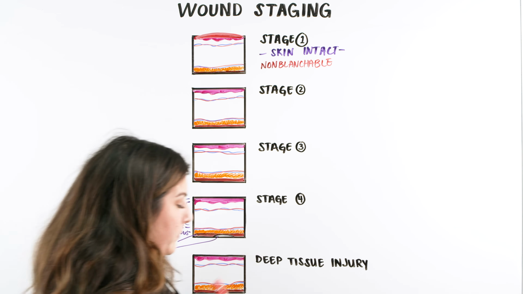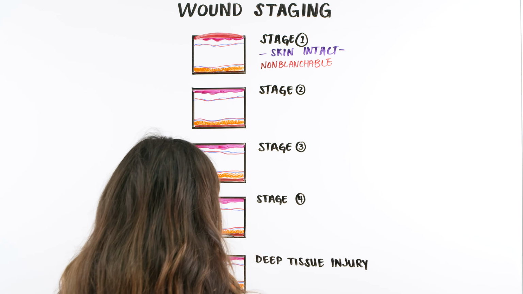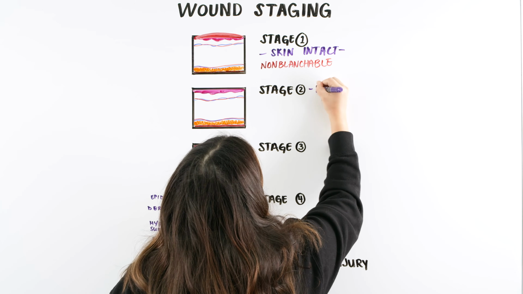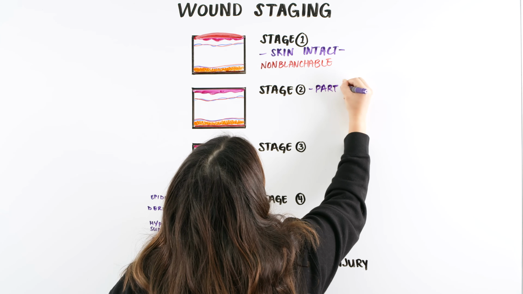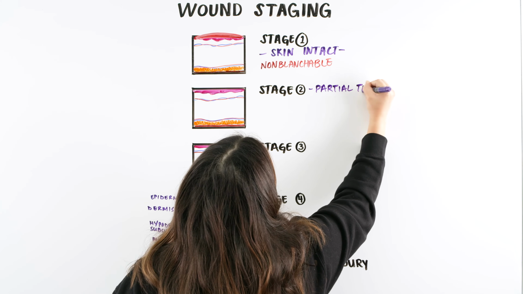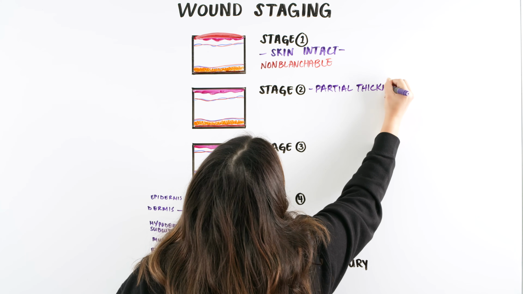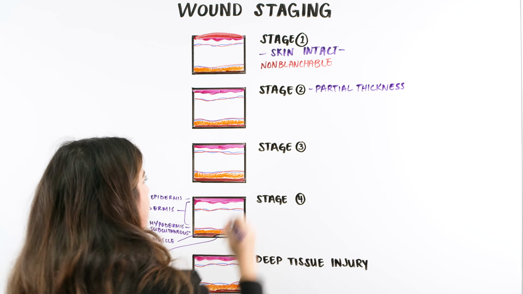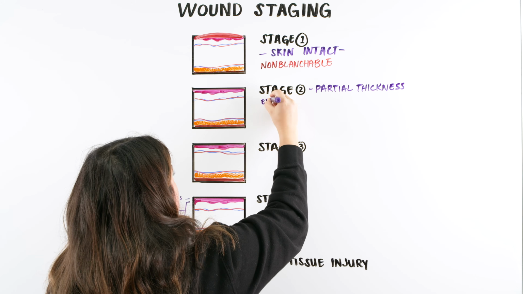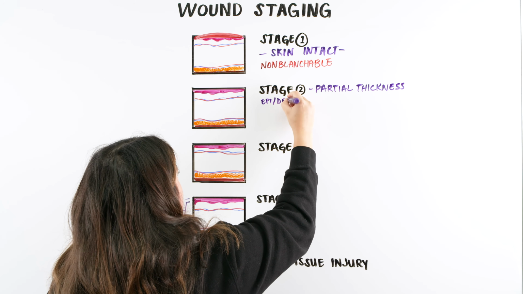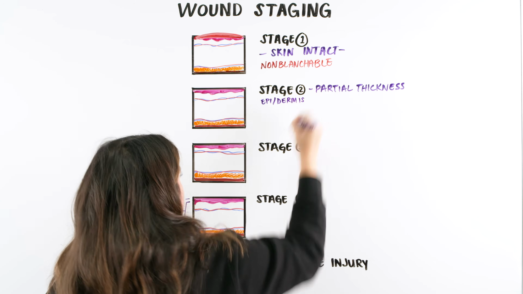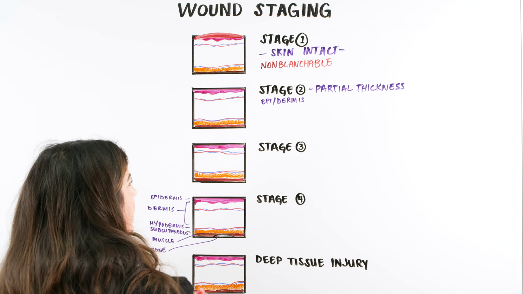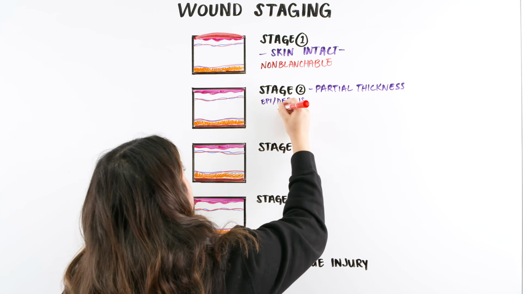Moving into stage two. When we talk about stage two, we want to put immediately that this is partial thickness. With partial thickness, the epidermis and dermis are affected, which means the skin is no longer intact.